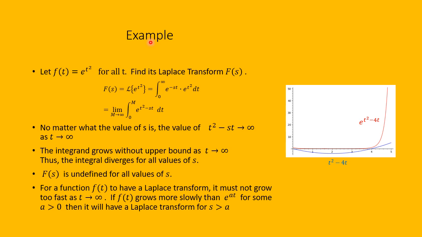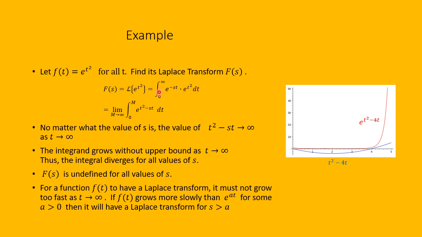Let's look at an example of trying to find the Laplace transform of a function that grows big very quickly. Let f of t be e to the t squared for all t. Let's try to find its Laplace transform, which we'll call F of s. Well, capital F of s in this case is the integral from 0 to infinity of e to the minus st times e to the t squared dt.